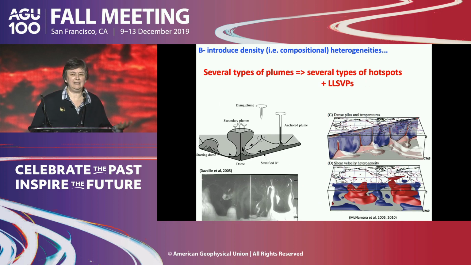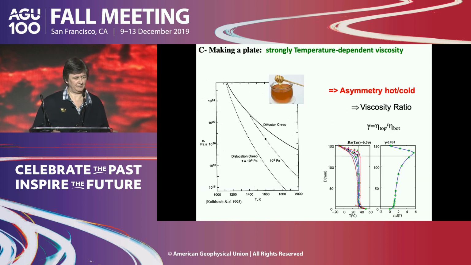That can explain why we observe several types of hotspots, produced by all this zoology of thermochemical plumes, but we can also have denser piles that could remain at the bottom of the mantle for billions of years.